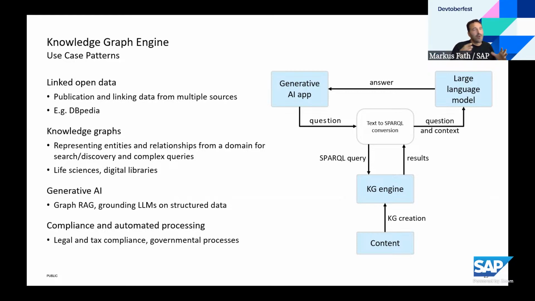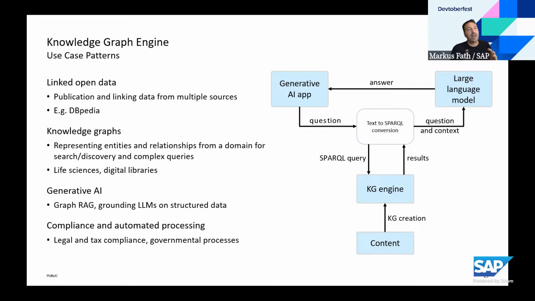If we go from that global, very broad perspective, linked open data, to a more enterprise perspective, we're in the area of actual knowledge graphs, where it is about representing entities and relationships from a certain domain.